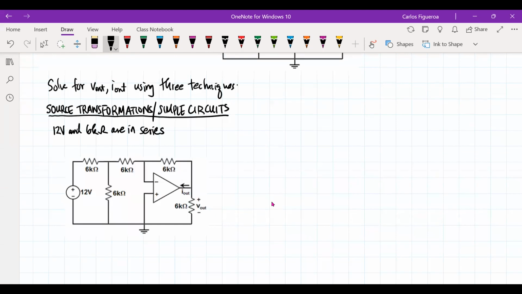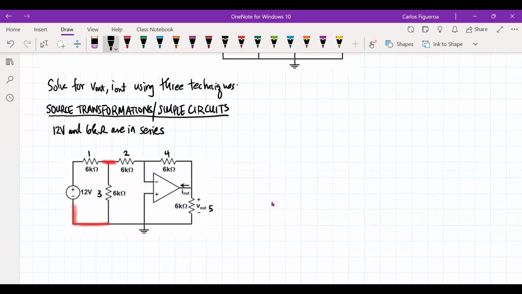So that's a Thevenin resistance and a Thevenin voltage source. If I look at between this guy here and this, you could see that these two are in series. So I'm going to call this 1, 2, 3, 4, and I'm going to call this resistor 5 because they're all 6K.